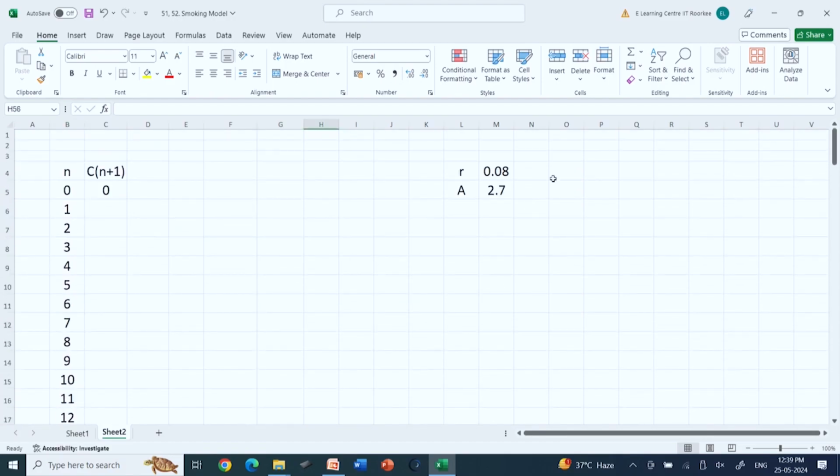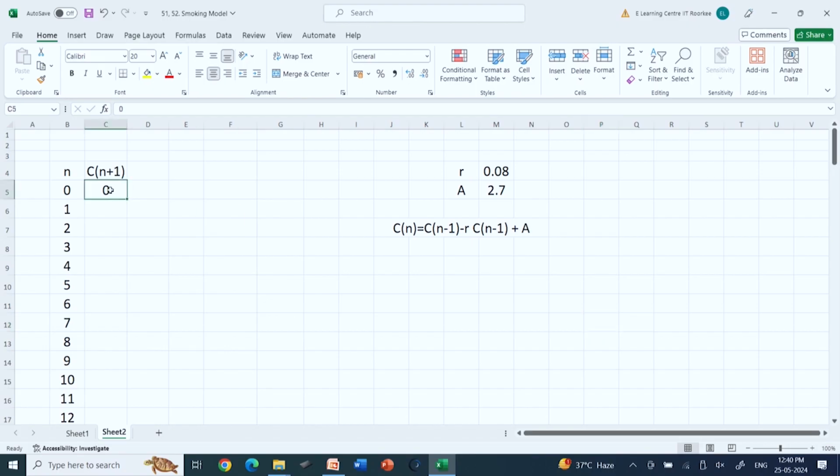Now the formula, or the model, is Cn equal to Cn minus 1 minus R times Cn minus 1 plus A. So Cn, the amount of cadmium at year n, is the amount of cadmium in year n minus 1, and there is a reduction of 8%, so R is 0.08 of the amount in year n minus 1, plus a constant input of 2.7 every year.